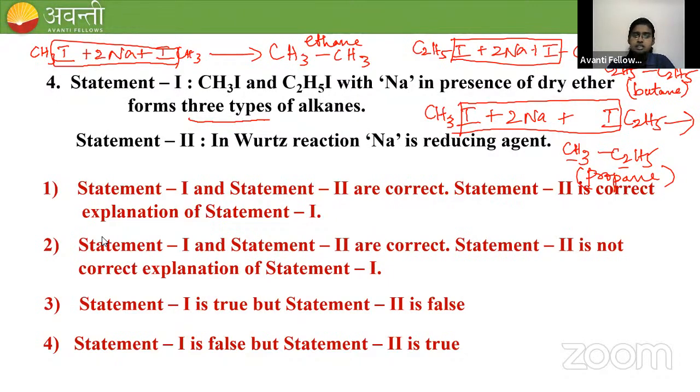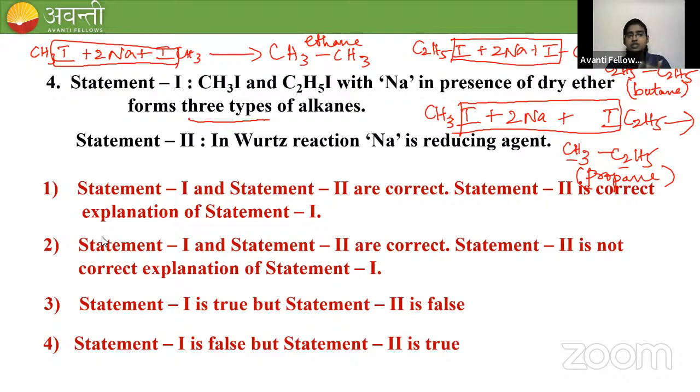In all the reactions, even if you take the same type of alkyl halide with sodium, you will end up with the product, right? Sodium is going to act as a reducing agent in that case also, and it is going to fetch you the product. So because this is the reducing agent, we are not getting 3 products. Since we are having 2 different types of alkyl halides, we are ending up with 3 different products.